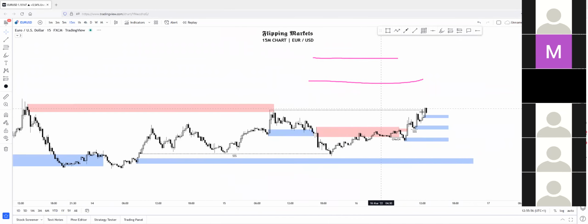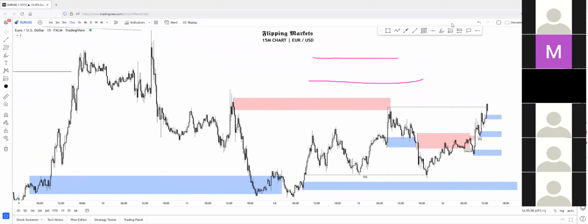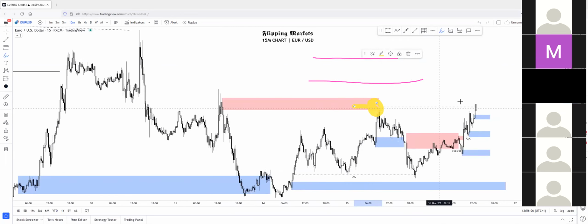And there's no clear 15-minute zone inside of this 4 hour zone. Except this one, as you can see, but this one has been mitigated already. And there's no clear 1 minute zone inside of this 15-minute zone. So we can consider this as a mitigation and this as a break of structure to the upside. And as I said, this zone will be broken.